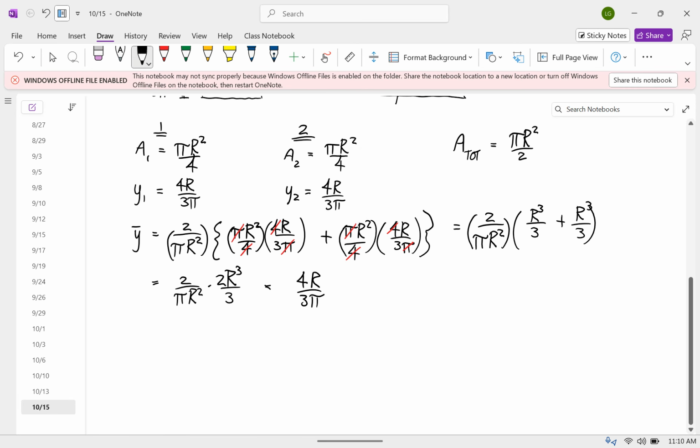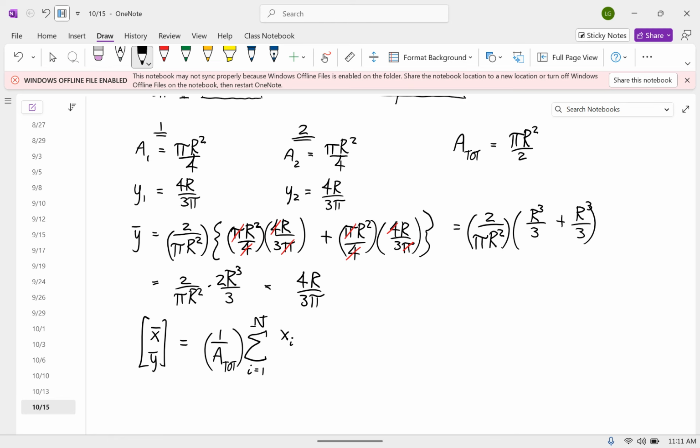Yeah, well, it really looks just like the integral formula. It's just the finite version. So it just says xy, if we're working in the plane, which we usually are, is equal to 1 over the total area times the sum of the centroid of the ith piece times the area of the ith piece.